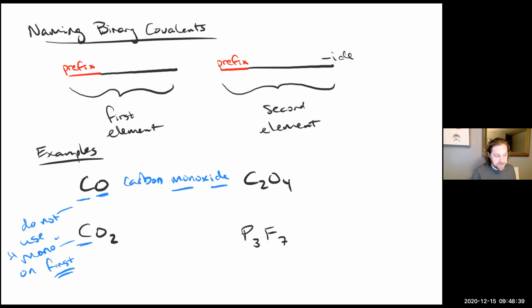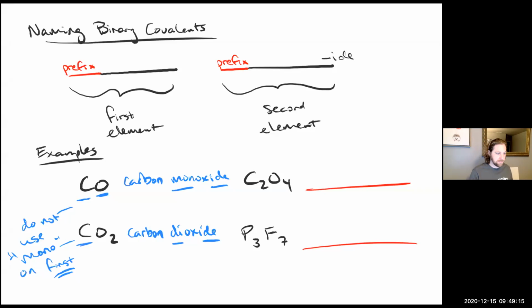So we have the prefix and we have the IDE ending on the second word. And then the second one is carbon, but this time it's dioxide. Whereas if we use the original ionic names, if we just name this like an ionic compound, we just say carbon oxide, and there would be no way to differentiate between them. But now with covalent compounds, we have to have a way to differentiate between how many oxygens are in this compound.